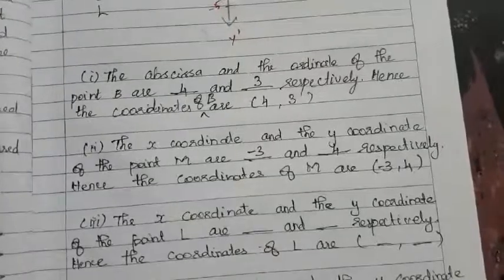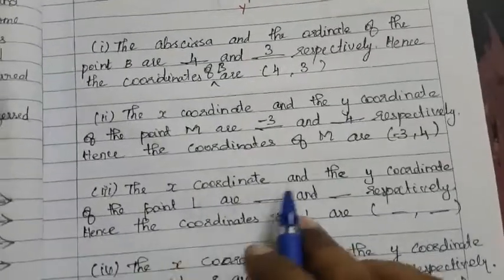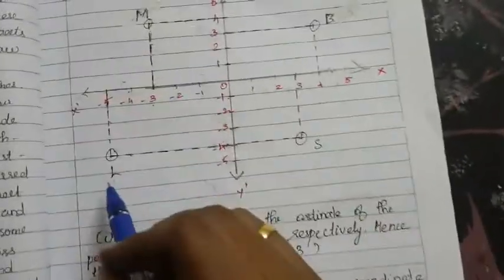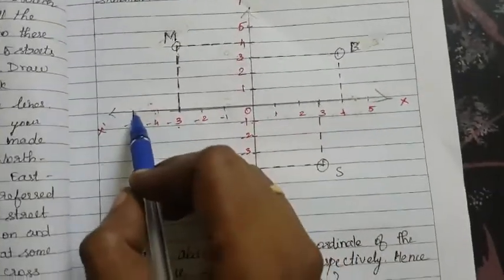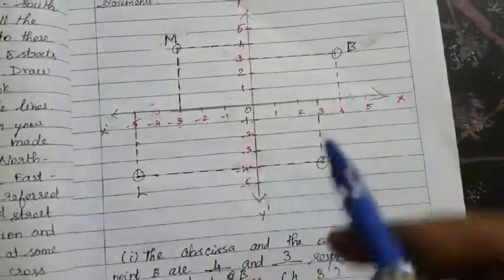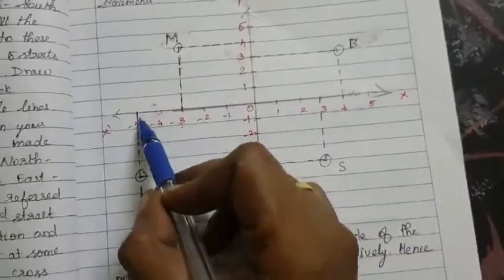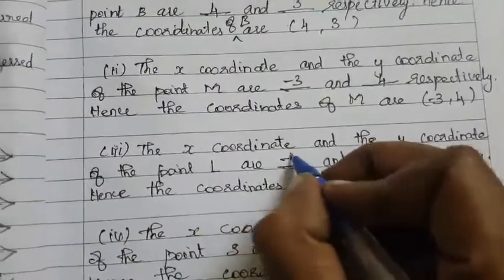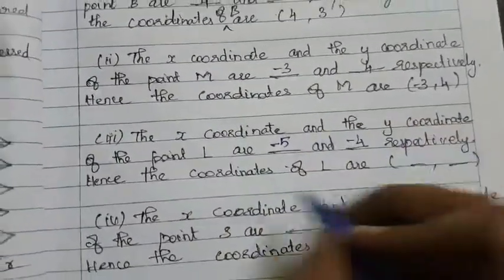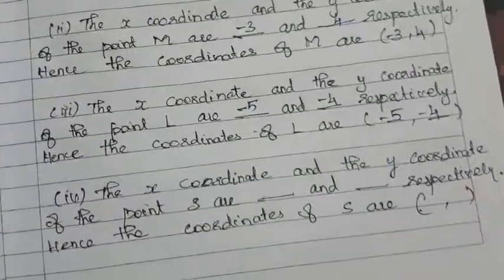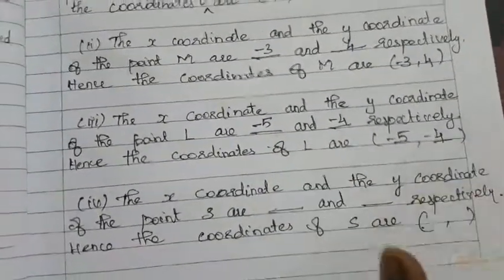Now the third question is the x coordinate and the y coordinate of the point L. Where is the point L? Here. So the point is -5 and 4. Sorry, -5 and -4. Always write the x value first. So the coordinates will be written as -5, -4. In this way you have to write.